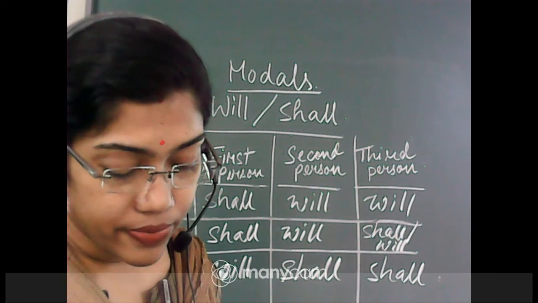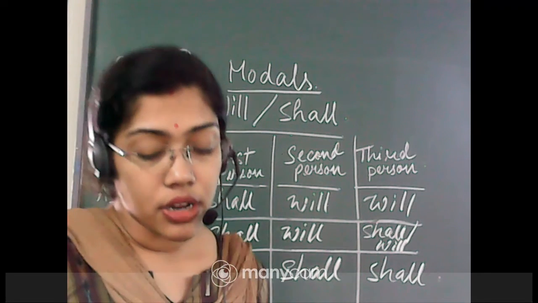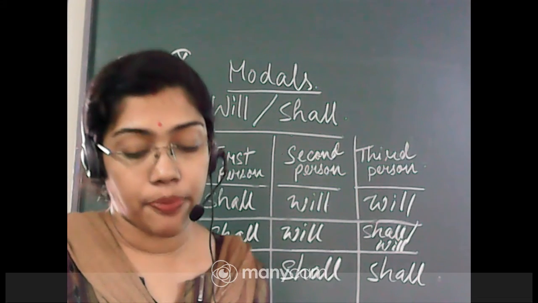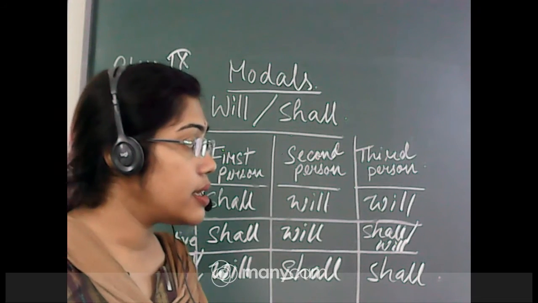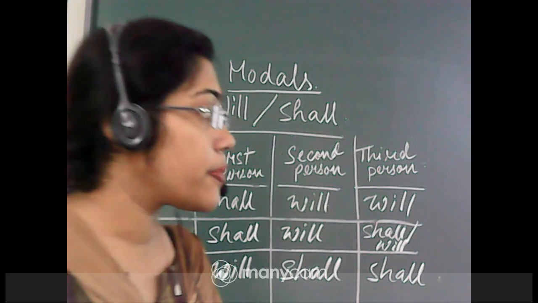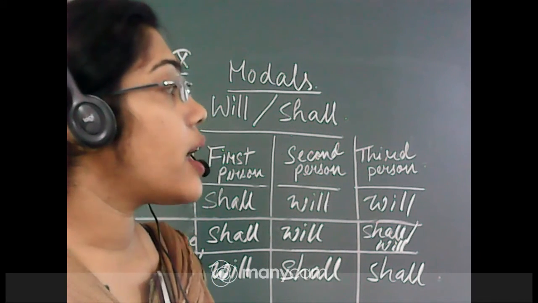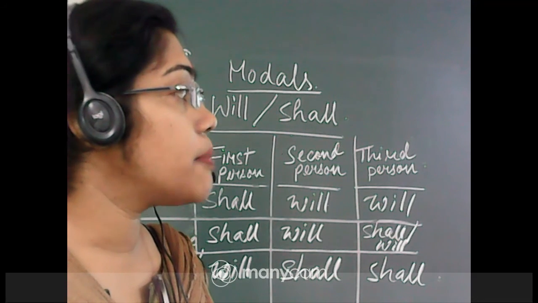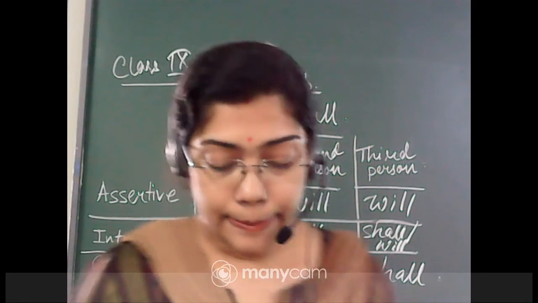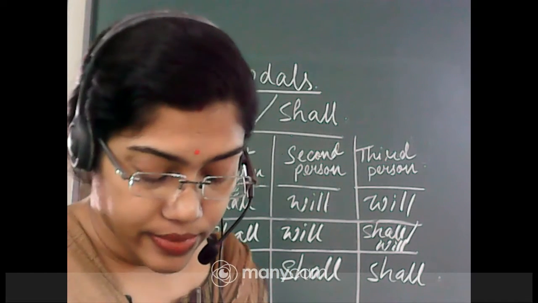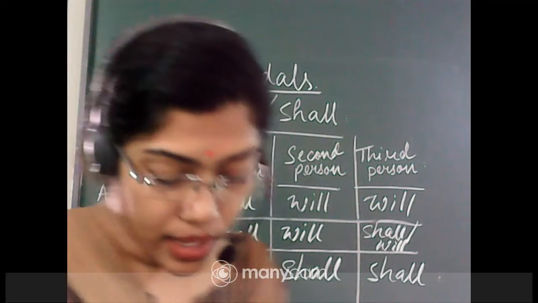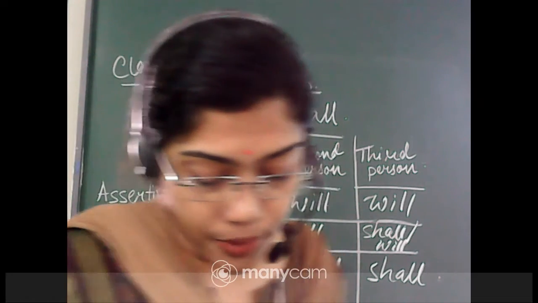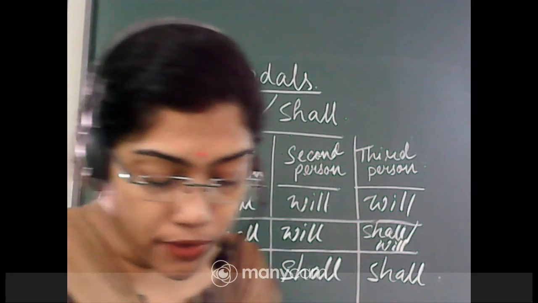Number 3, we dash not be able to come. Next, number 4, they dash not be able to perform.